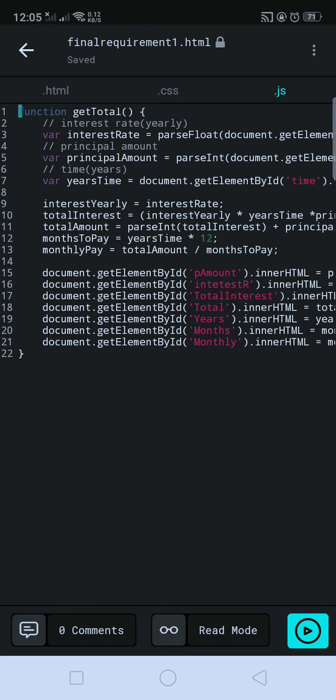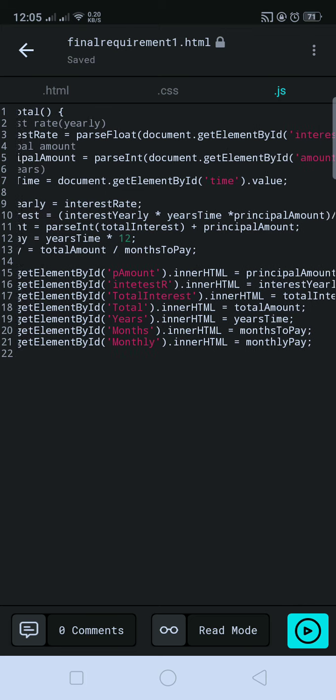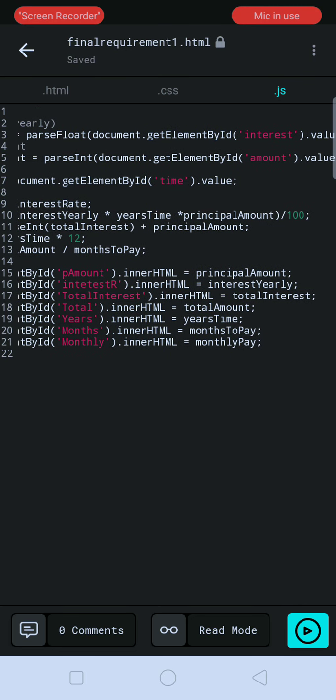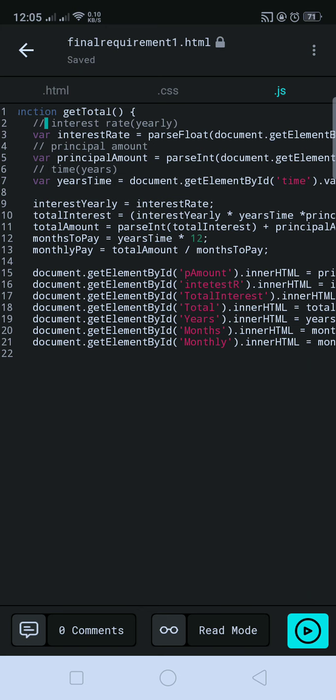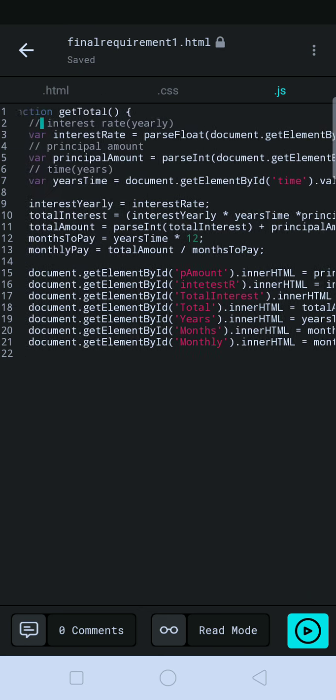Interest yearly is equal to interest rate. Total interest is equal to interest yearly times years times principal amount divided by 100. Then total amount is equal to total interest plus principal amount.